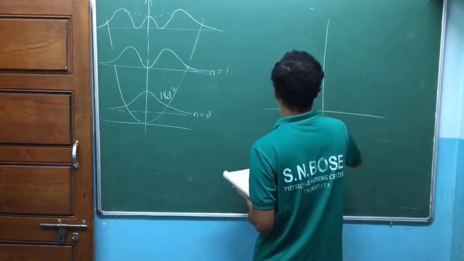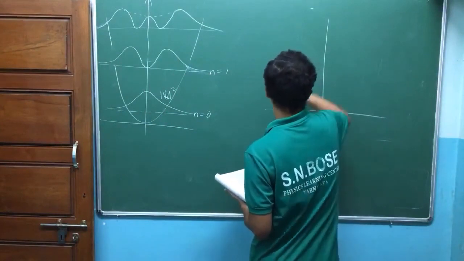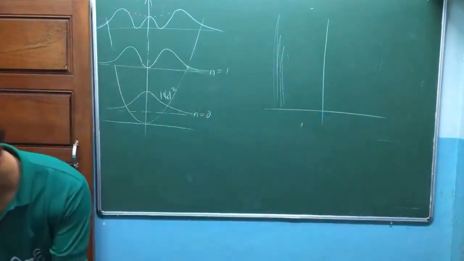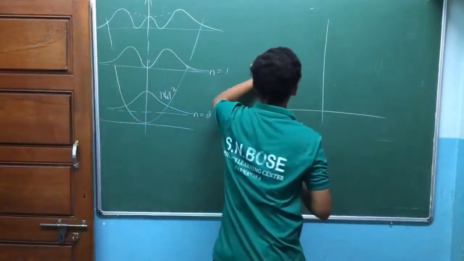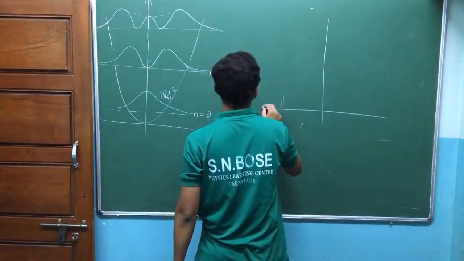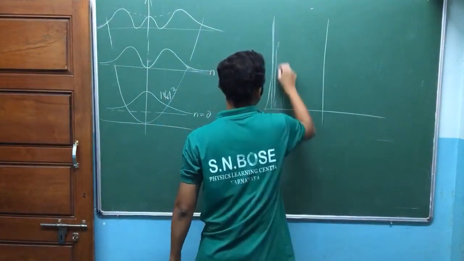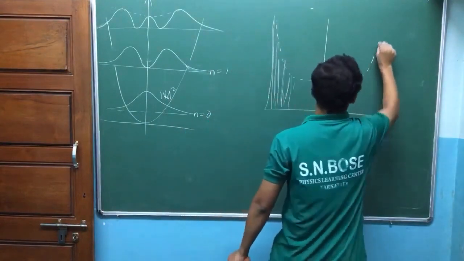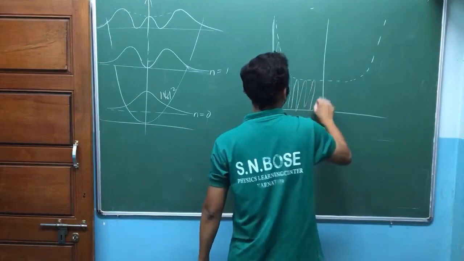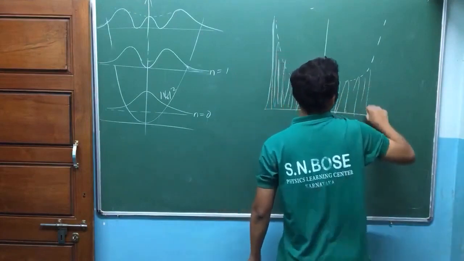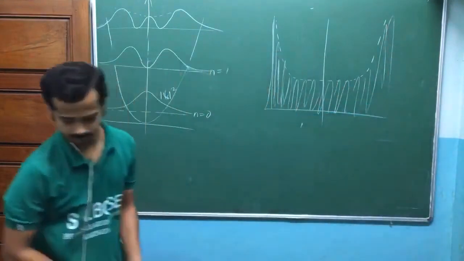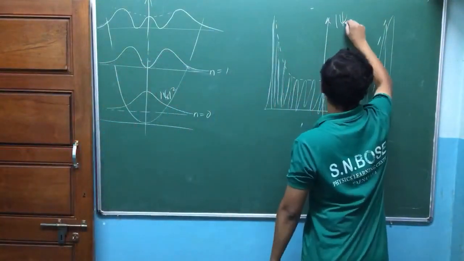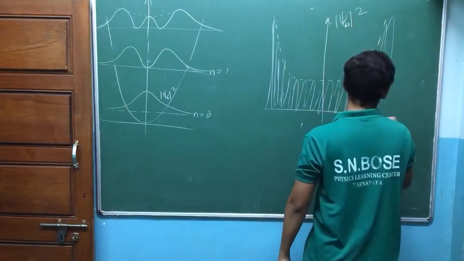What he found is, look here, again it's very difficult to draw. He found an envelope, which is this kind of curve. The envelope of those peaks of mod psi 60 whole square. That's what he has plotted.